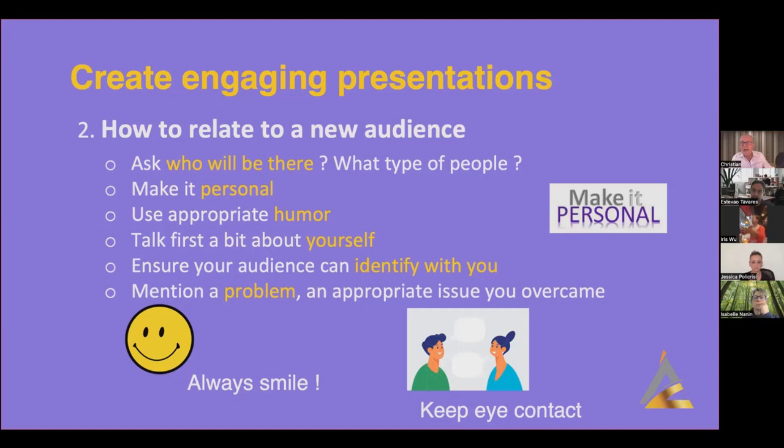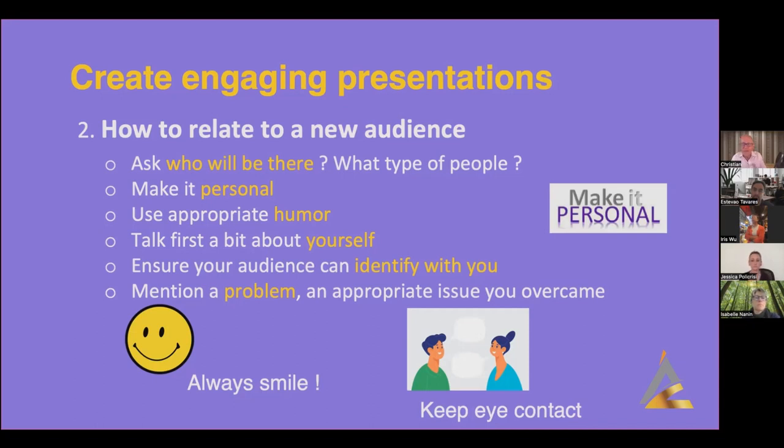Of course, I should have started with that. Try to know who will be there. What kind of people will be there? Okay? Because that can give you a very important clue to relate to these people, right? Example, maybe it could be parents. Maybe it could be young entrepreneurs. I'm talking about between 20 and 30 years old.